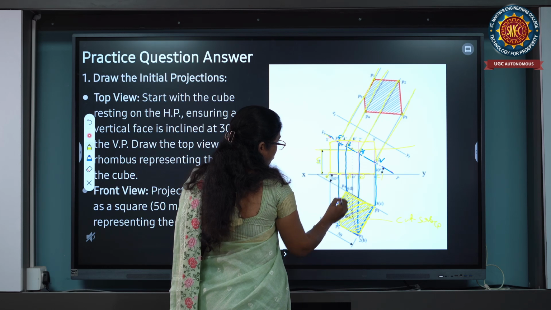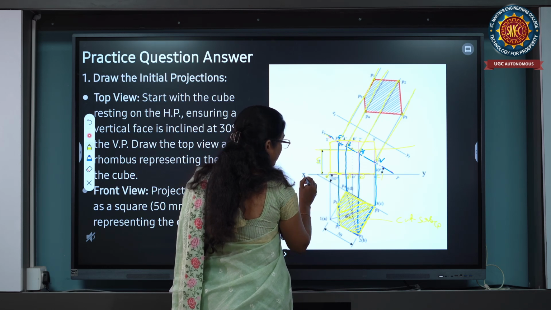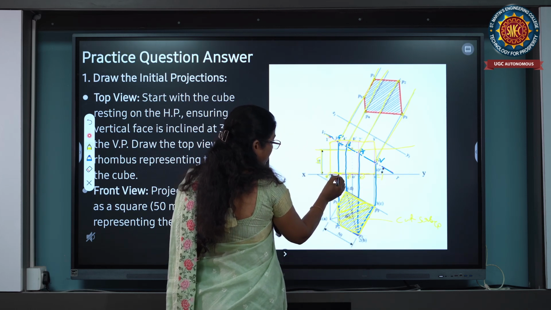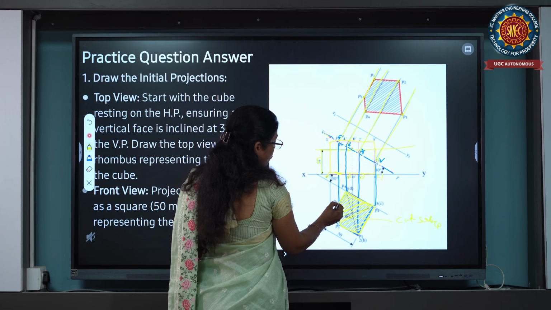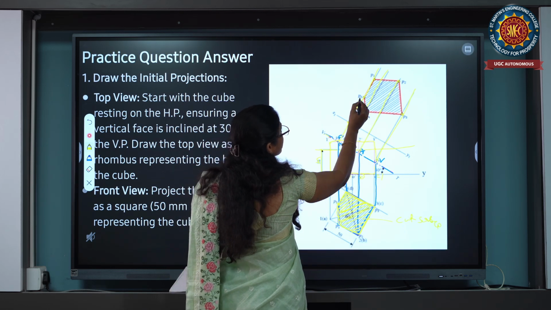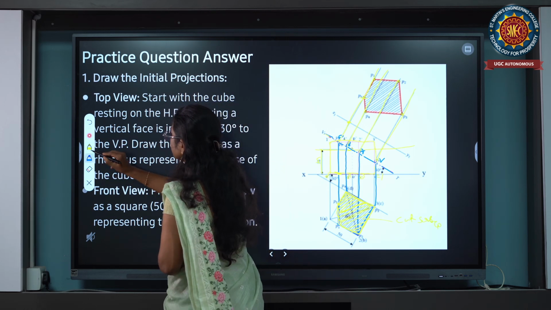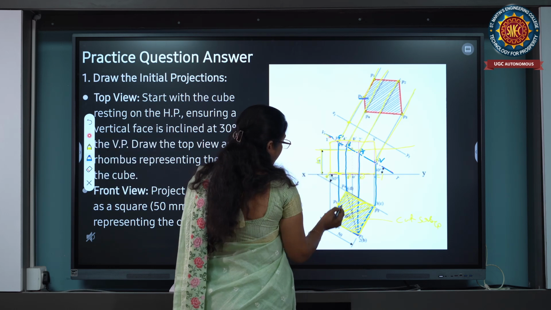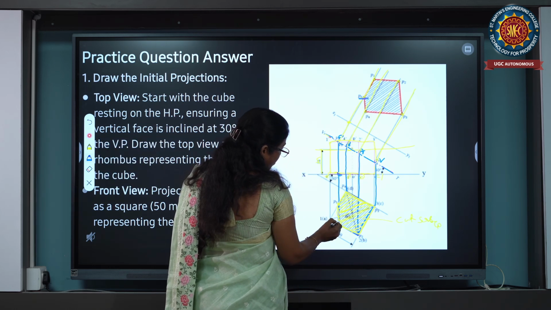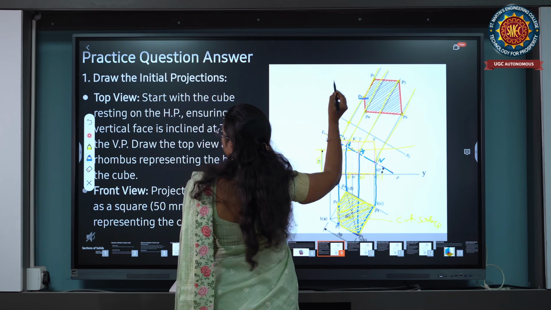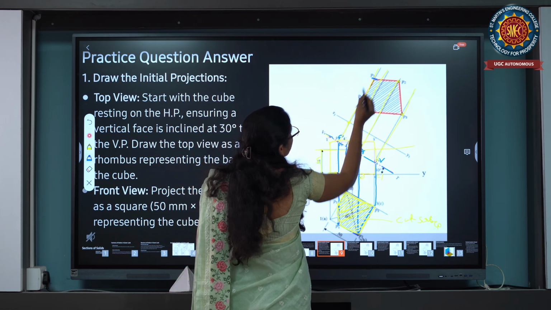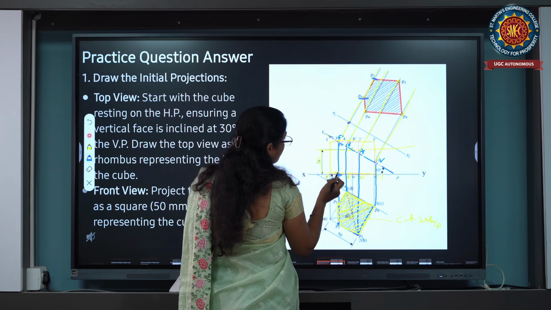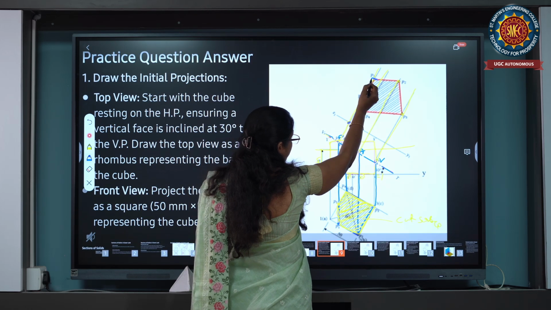This is also an XY line for the true shape of the section plane. From here to here you need to take the distance. From X onwards, take the radius X to P. With P as the center, cut an arc on that line.